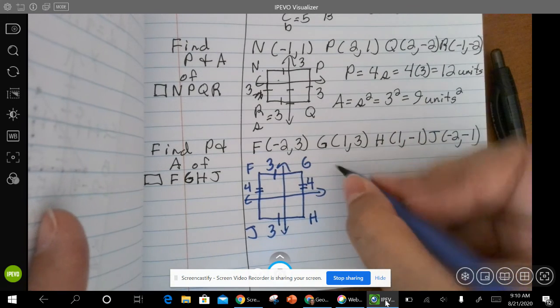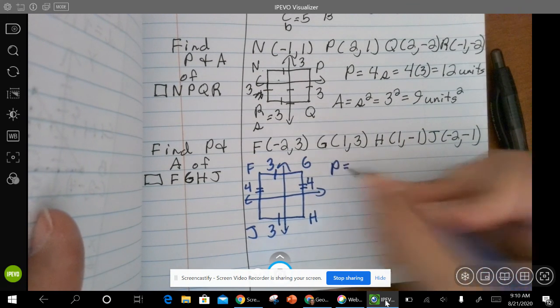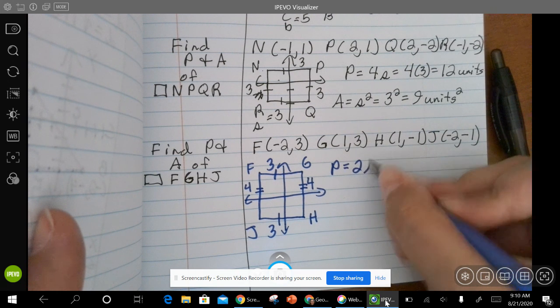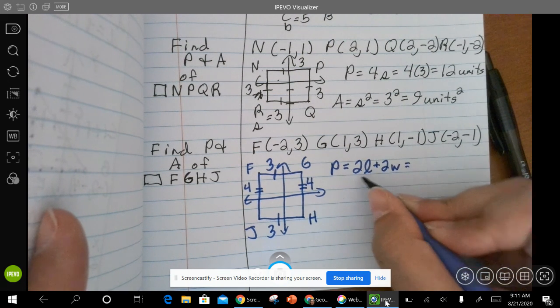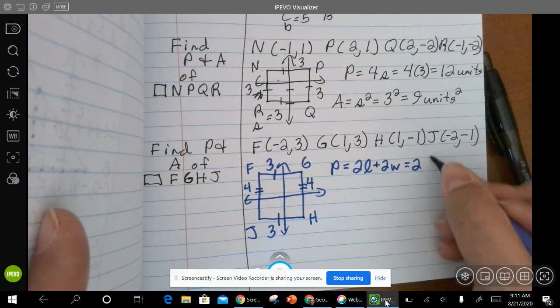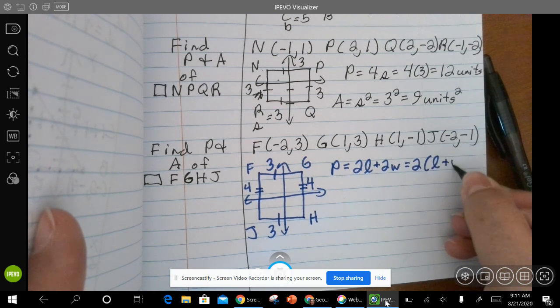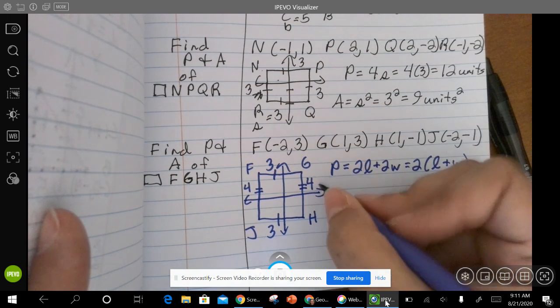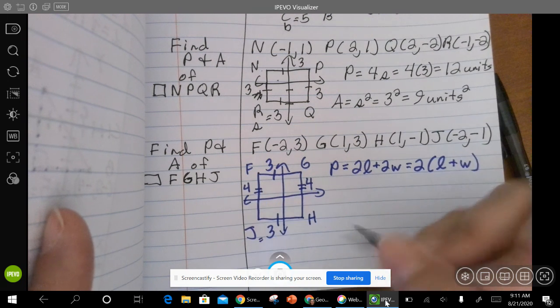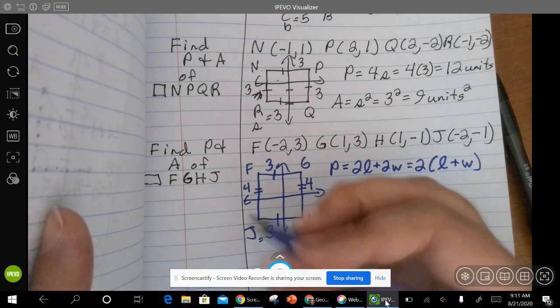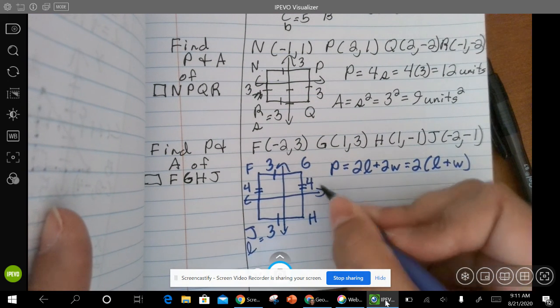Okay, so we're going to do perimeter. So perimeter is going to be equal to 2 times the length plus 2 times the width. You can also simplify by taking out that 2. I'm doing it this way. Okay, so our length, and in this case, it doesn't matter which one we use, is 3.